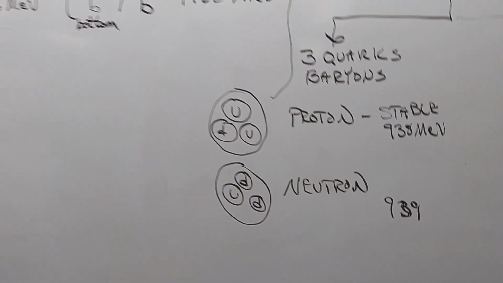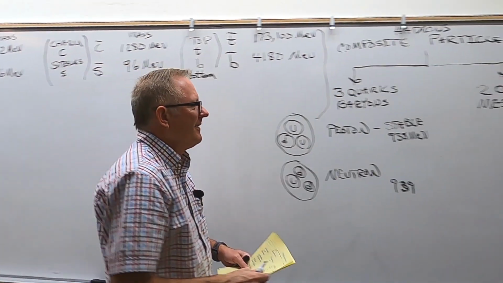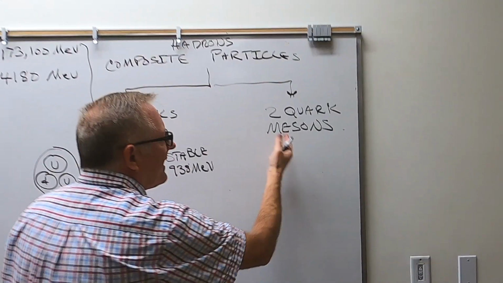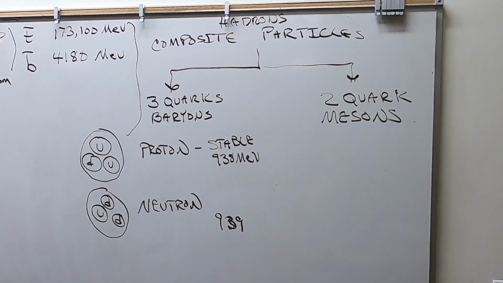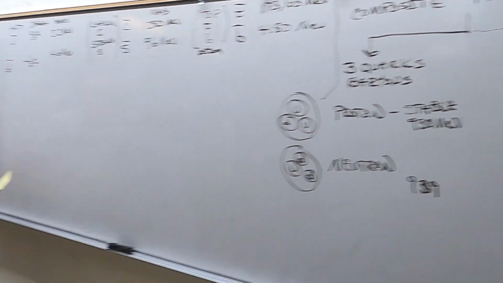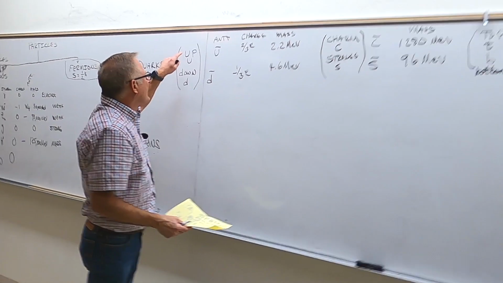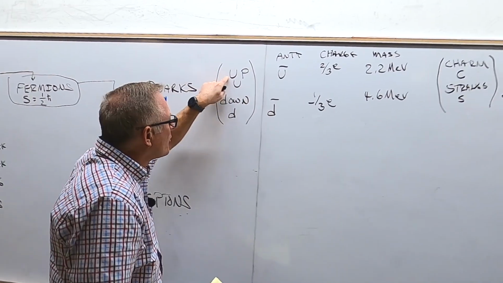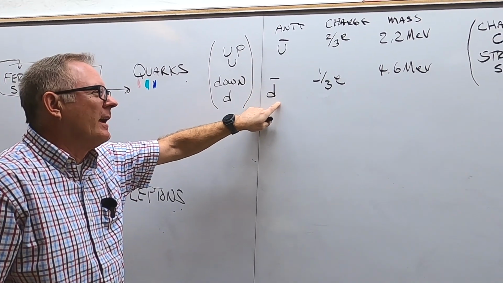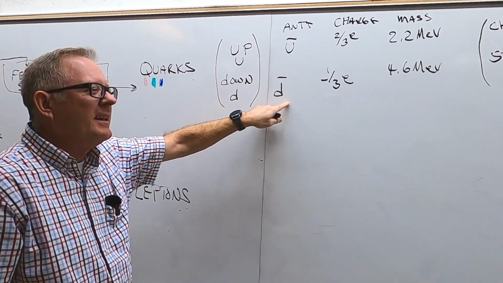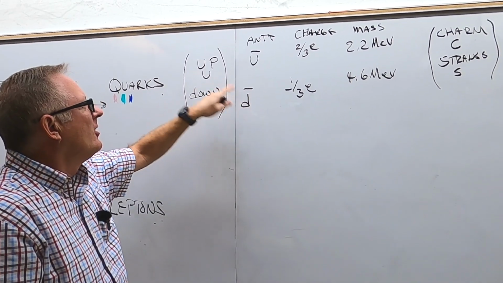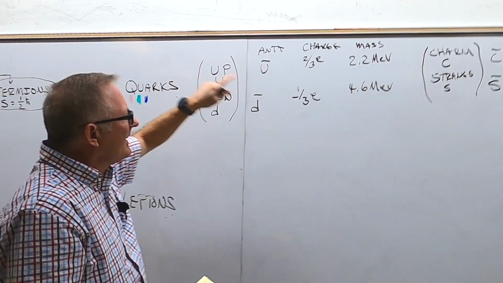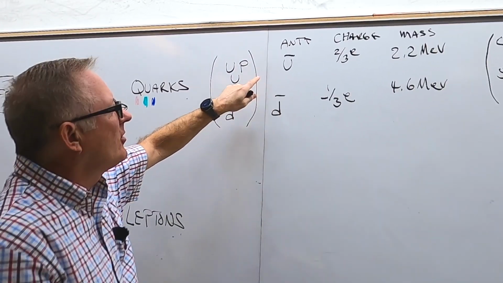Okay. Now, what about over here on this side? How do we get a colorless object with just 2 quarks? Well, if you have something like an up and an anti-down, if this were red and this is anti-red, red and anti-red is colorless. So it's always going to be a quark and an anti-quark. And you notice the charge.